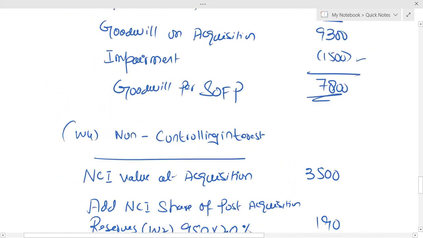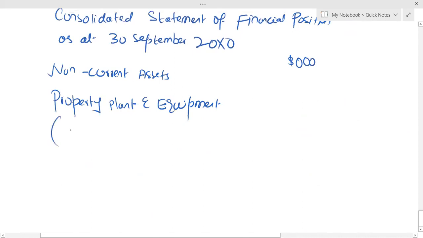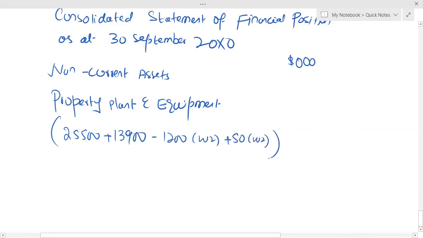So let's calculate property, plant and equipment. Parent is having 25,500. Subsidiary's property, plant and equipment is 13,900. Now 1,200 is a fair value adjustment, take from working two. Reversal of additional depreciation, working two.